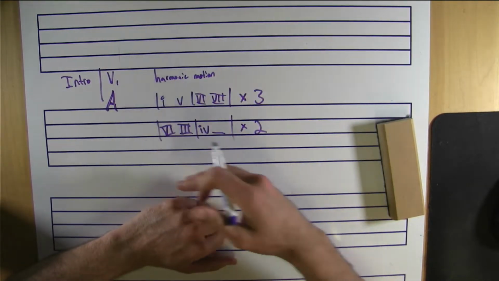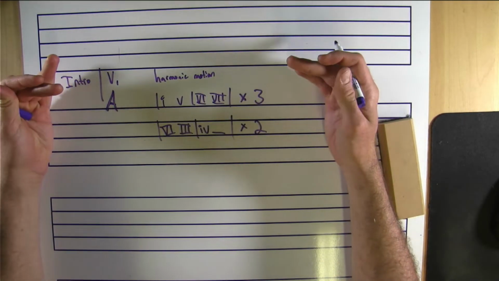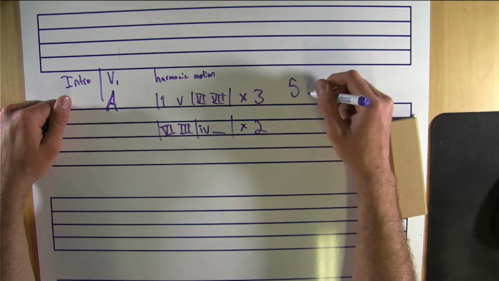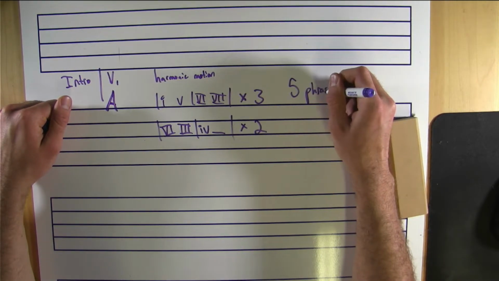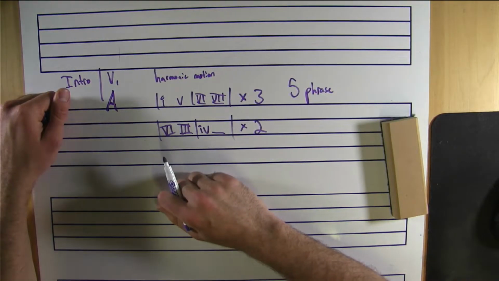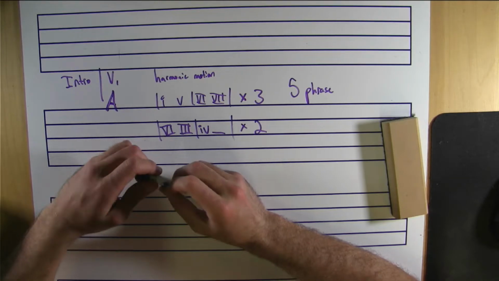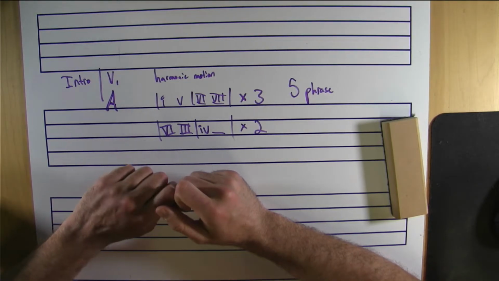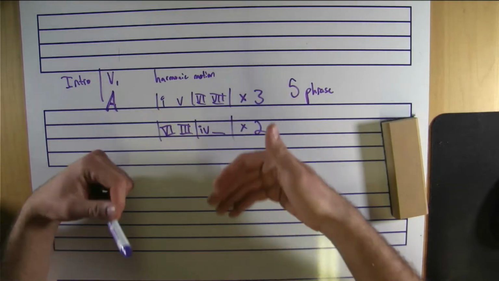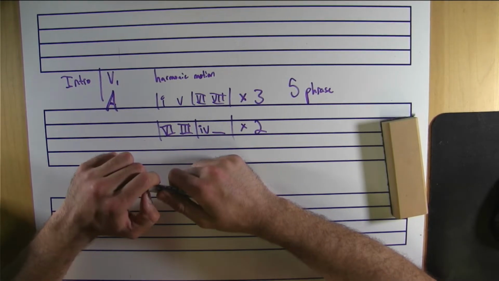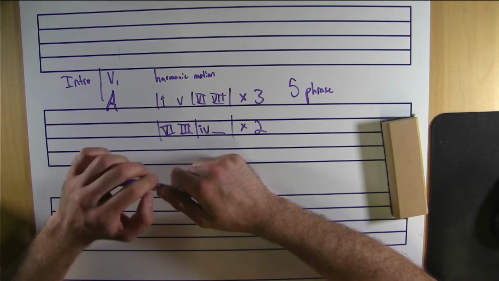So the first verse, what I'll call the A section, is a 5-phrase section. We have 5 of these 2-bar phrases. It's really kind of strange why it's such an odd number, but adds to the coolness, I suppose.